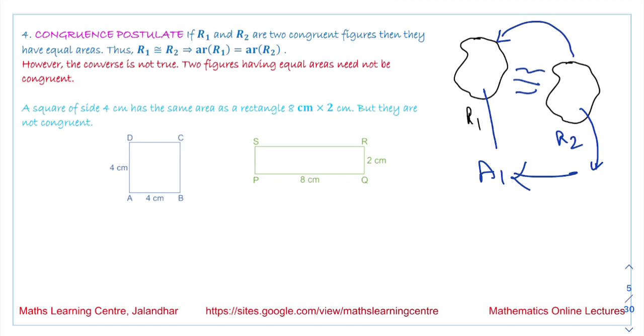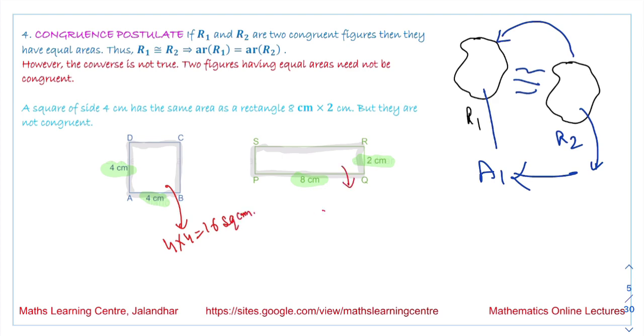For this case, we have given an example where we have considered a square ABCD. The sides of the square are of length 4 cm each. Then we have considered a rectangle PQRS, and the sides of this rectangle are 8 cm and 2 cm. Now the area of this square is 4 into 4, that is equal to 16 square centimeter.